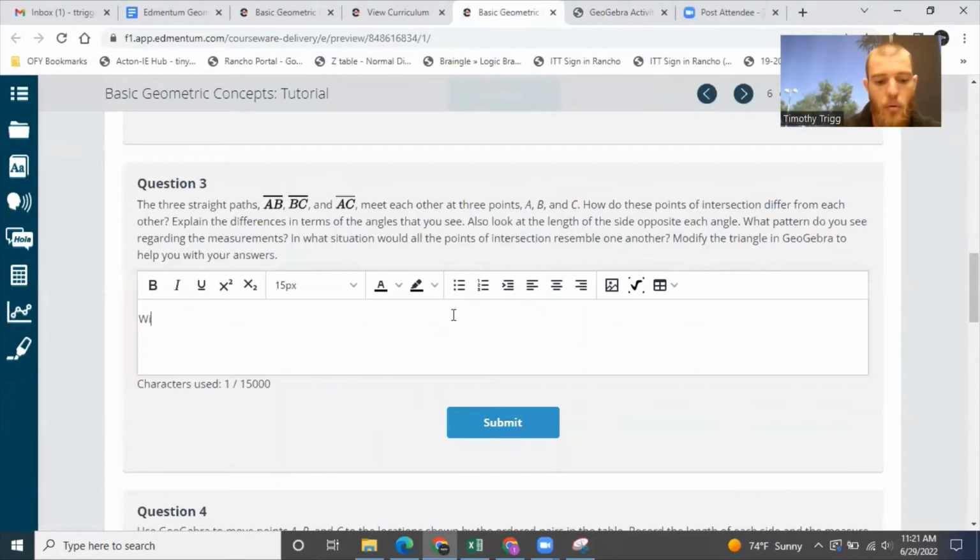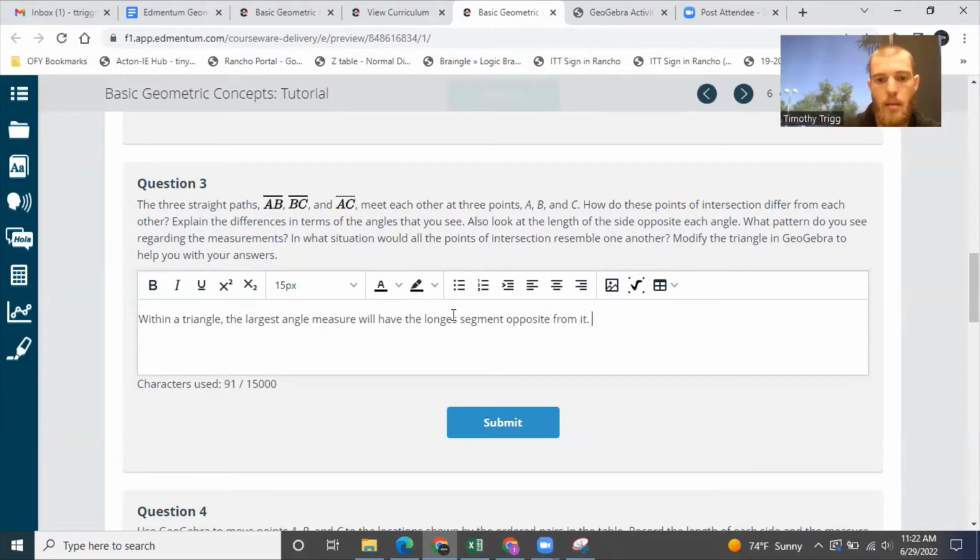That within a triangle, the largest angle measure will have the longest segment or side opposite from it.